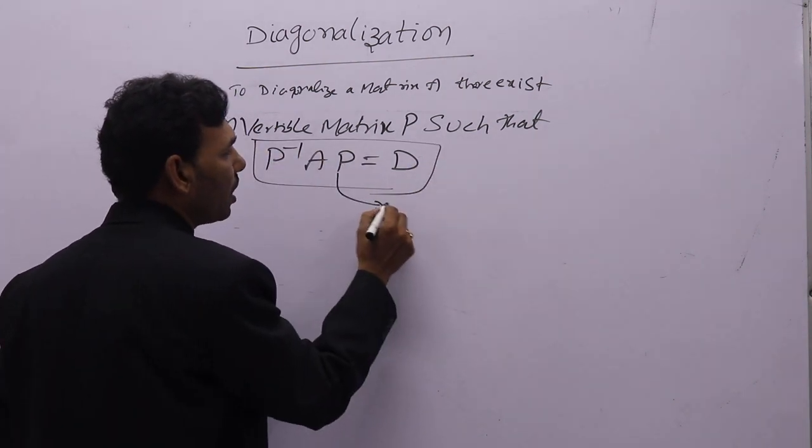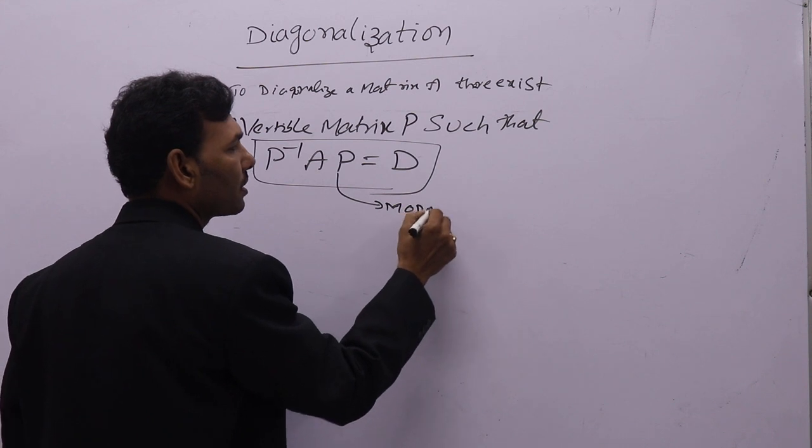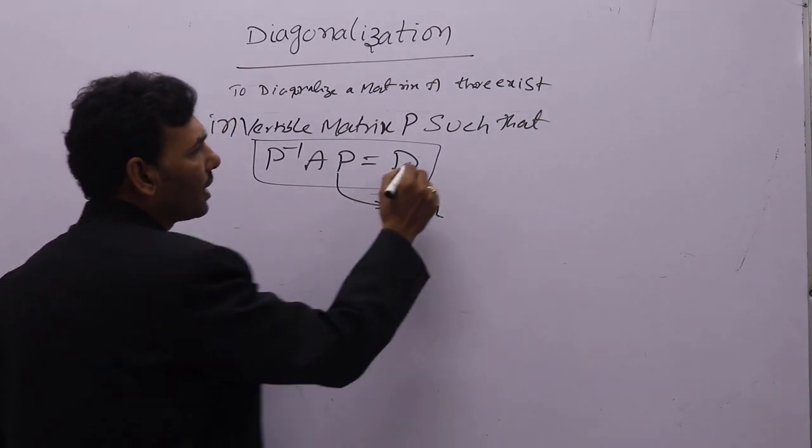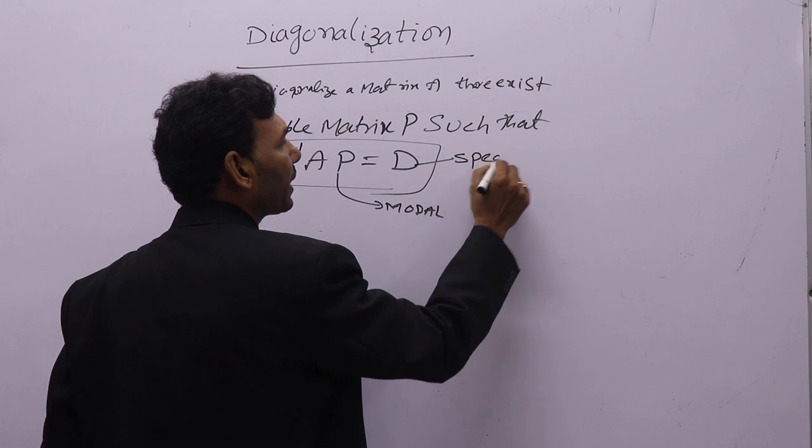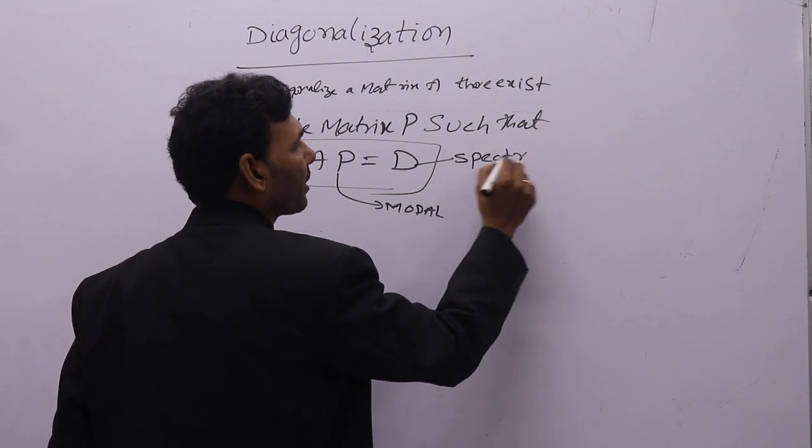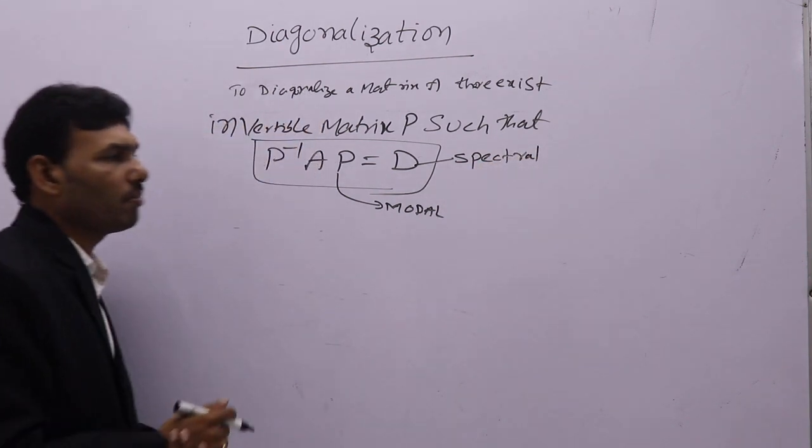This P is called the modal matrix. This D is called the spectral matrix, or diagonal matrix.